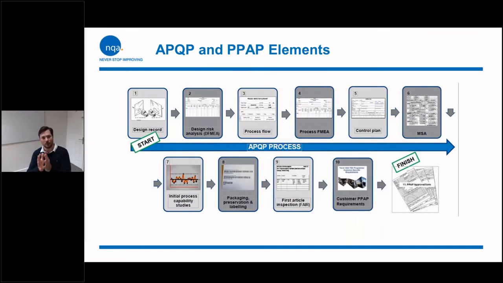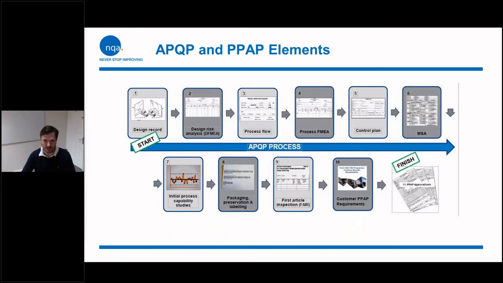So a PPAP is actually a full-on document, and a FAIR is part of it. When you're putting new products out to your customers and shipping the first batch, quite often organisations are sending a FAIR with that. But a PPAP is taking a little bit more information, and it's a whole pack that goes with it. So it's a little bit more detailed, but you'll probably start seeing that a little bit more often.